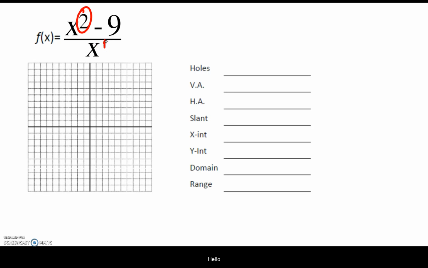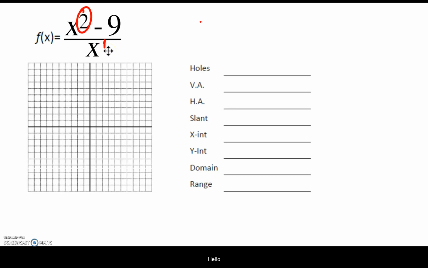So what we are going to look for is what's called a slant asymptote. And like we said, that occurs when the degree of the numerator is one more than the degree of the denominator, which is the case here because 2 is obviously one more than 1.